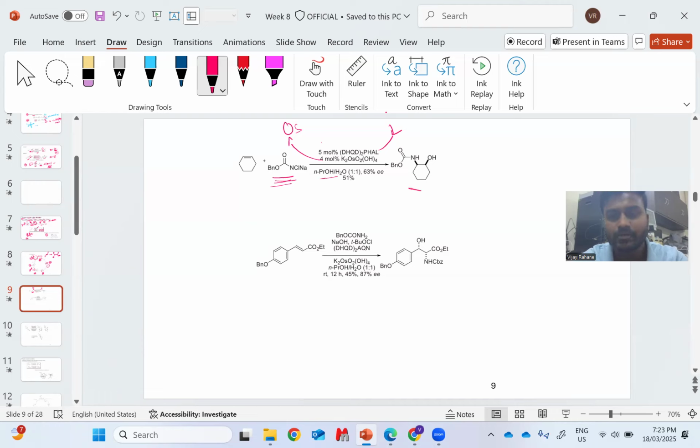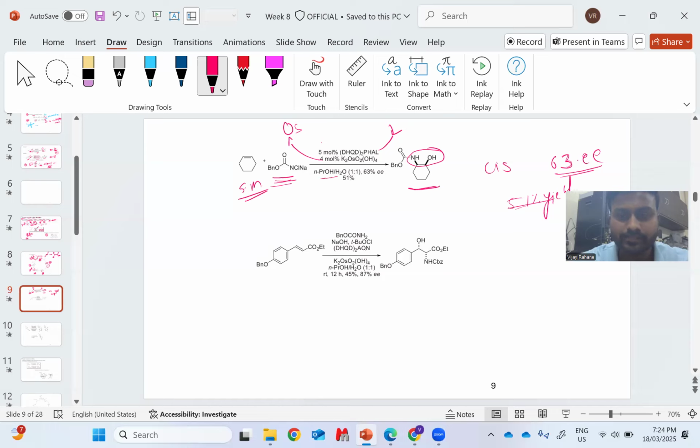It gives the cis hydroxylamine. You can see the stereochemistry of this bond. It gives the syn stereochemistry, and in this case we got the product in 51% yield with 63% enantiomeric excess. The 63% enantiomeric excess indicates that the asymmetric amino hydroxylation of this starting material is occurring.